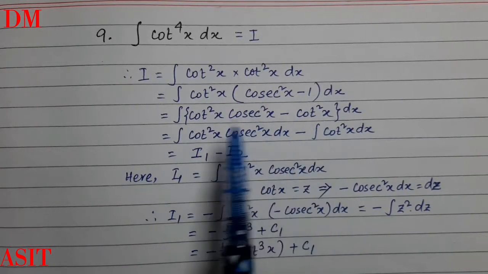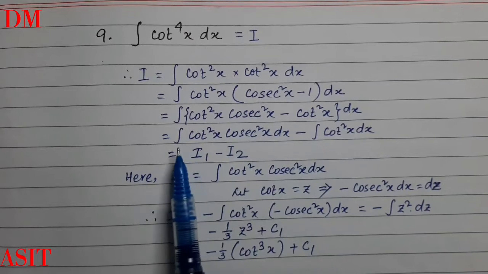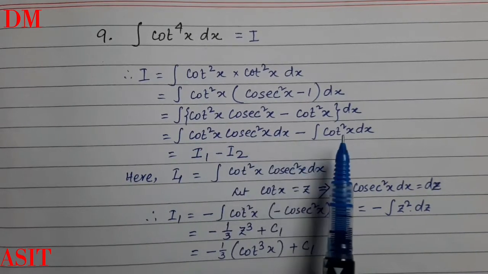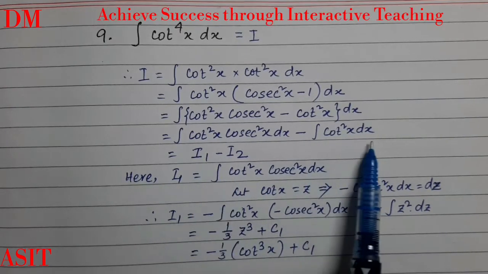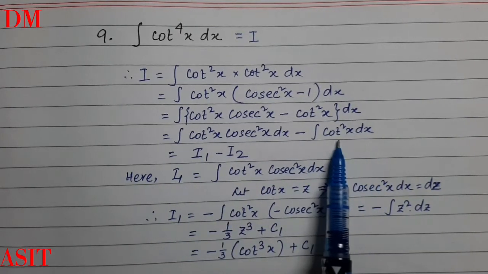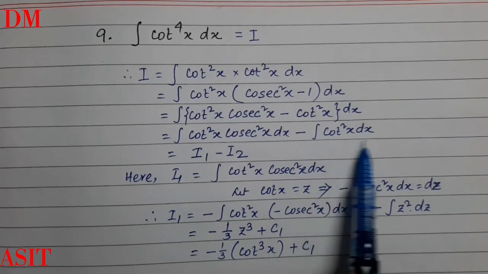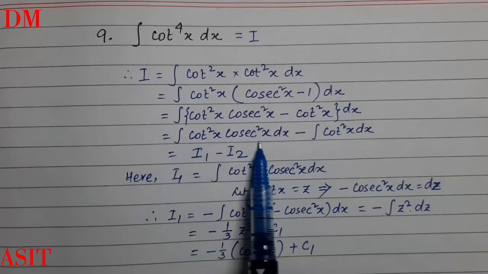Now we can distribute the integration also. So it is the integration of cot square x cosecant square x dx minus cot square x dx. Now the second one is a simple integration, because if you make it cosecant square x minus 1, it will be simply done. But the first one needs substitution.